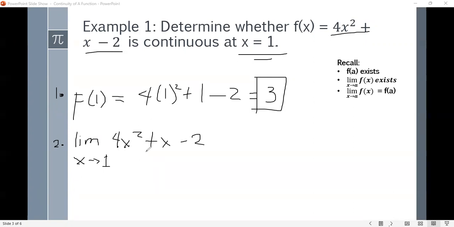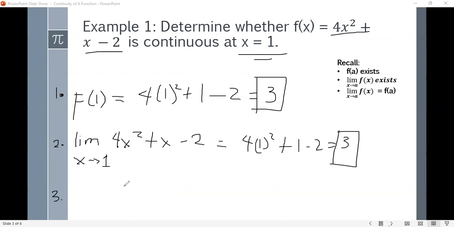Since yung 1 naman ay x approaching, okay lang na i-apply agad natin si direct substitution dito sa ating example. Halos same lang naman din sa process dito. So meron din tayong 4 times 1 squared plus 1 minus 2 is also equals to 3. So, they are equal to each other.